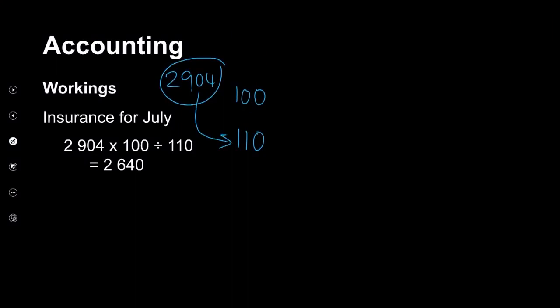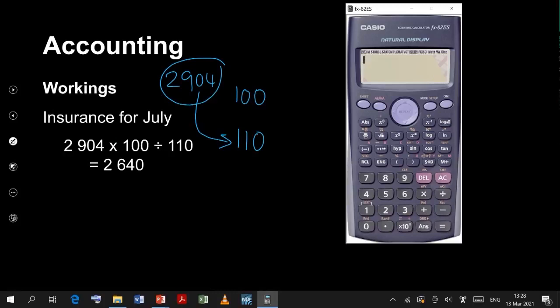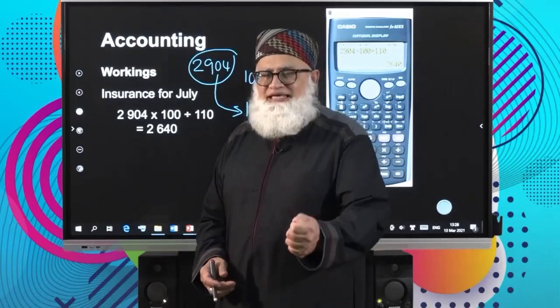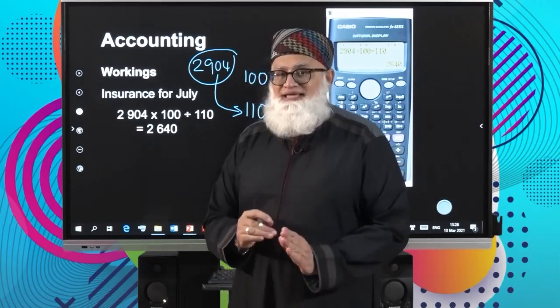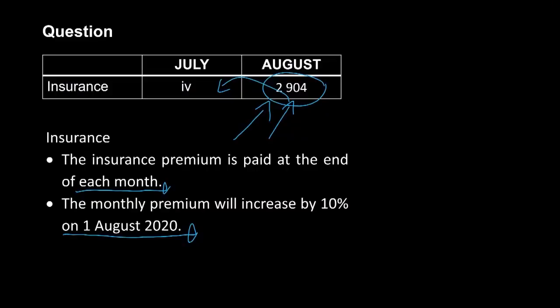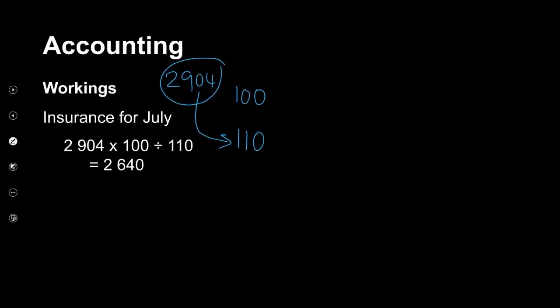Let's do this calculation. If we take our 2904 times 100 divided by 110, that will give you 2640. So clearly, your 2640 was the amount of the insurance prior to the increase.